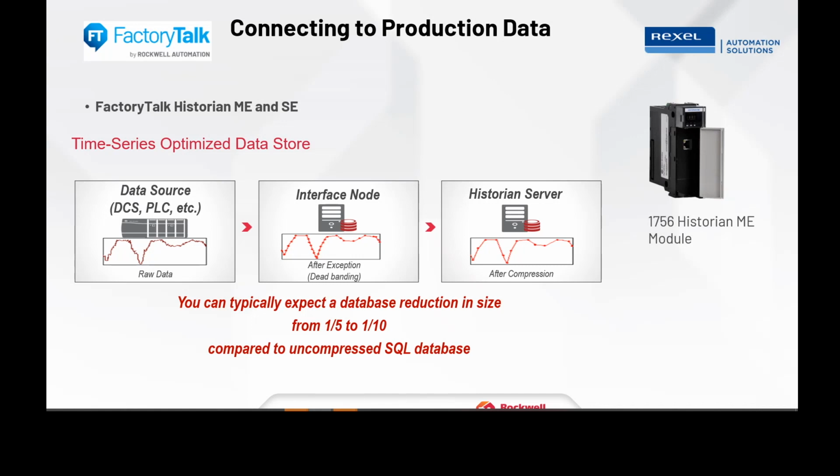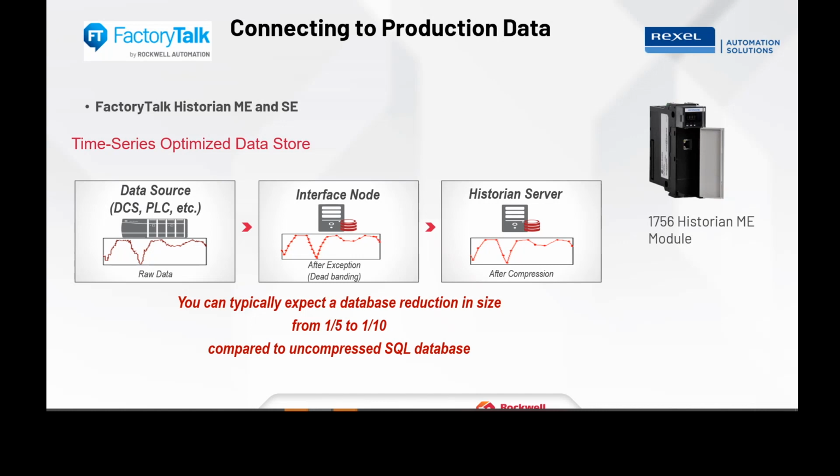That allows us to compress the database and store large amounts of data for a long time. One of the nice things about the Historian ME module is that it's no PC required. Just in the 1756 chassis, we can log data. It is limited in size. It's really meant to eventually forward to the Historian server, but it does have faster logging capability than the server itself.